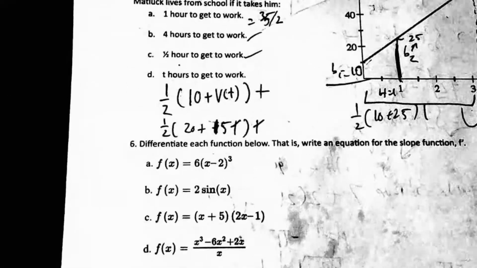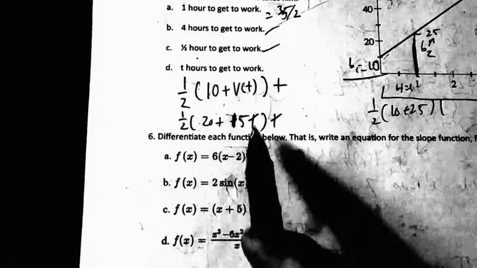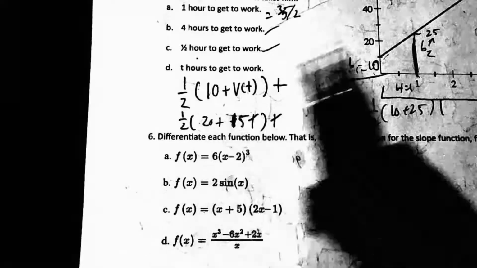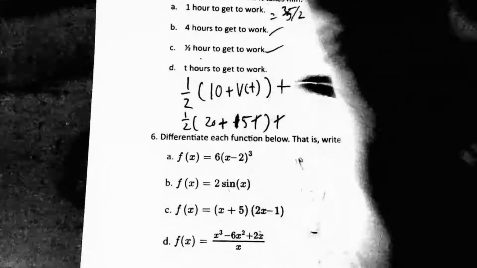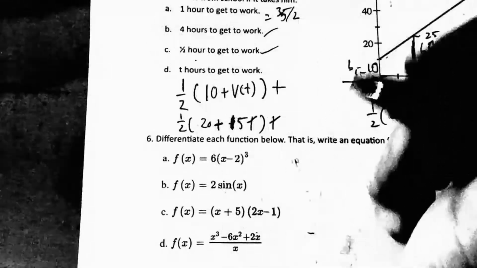This is the annoying thing about t, is that it looks a lot like a plus sign, but you can sort of read what I'm putting here as 20 plus 15t times t. That would be the area for any t hours. Okay, the rest is review.